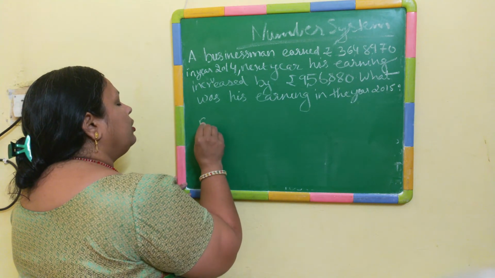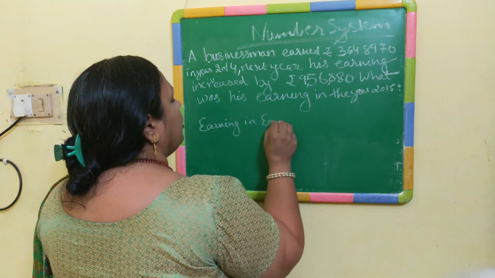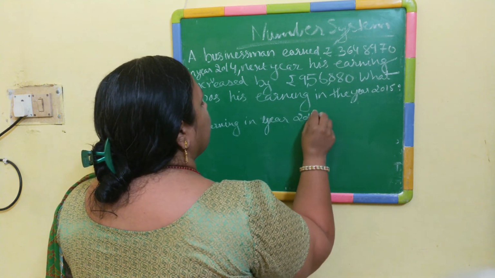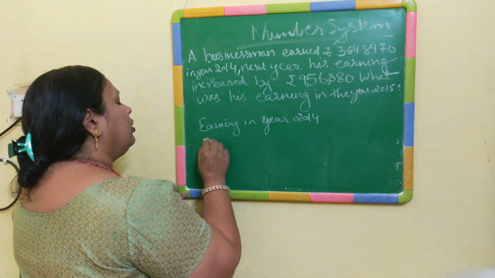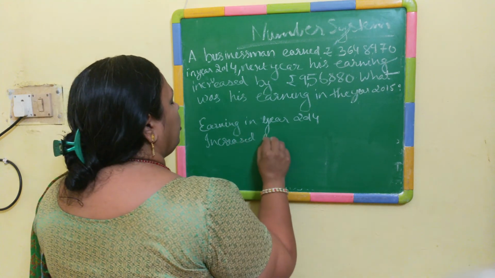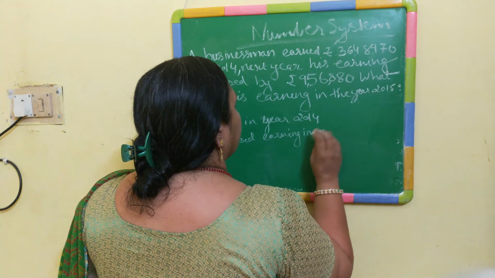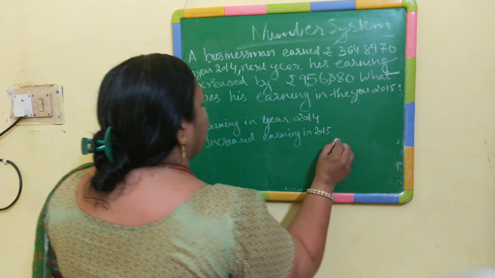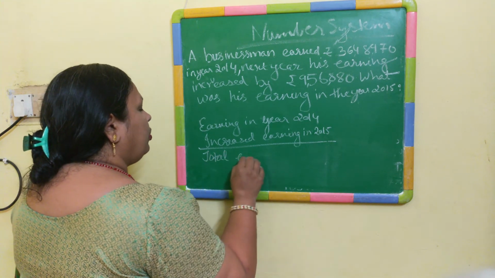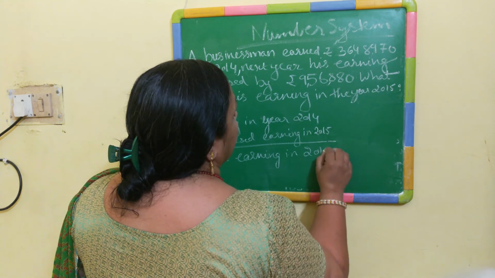So earning in the year 2014, and then the increased earning in the next year 2015, and the final will be the total earning in 2015.